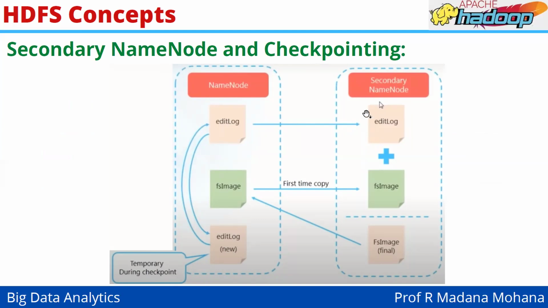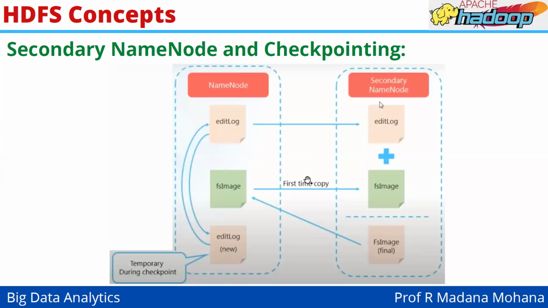Then on the secondary name node we have the edit log, the file system image, then the final file system image. Now here you can see the edit log plus FS image, both are combined. Here you can see the first time copying the FS image for the backup, and the final FS image also. Here is the role of checkpointing and the secondary node.